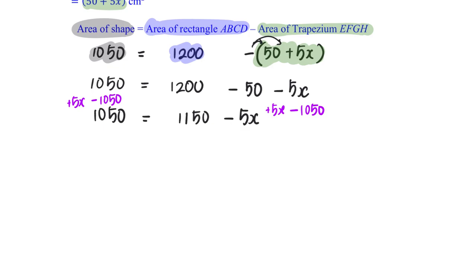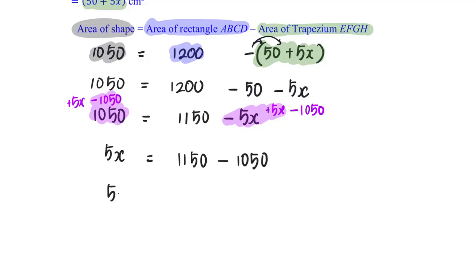Okay, so that's something that you will see that the next line I will have a positive 5x here and a negative 1050 here. Okay, because this one will become 0, this one will become 0, so I don't need to write them anymore.